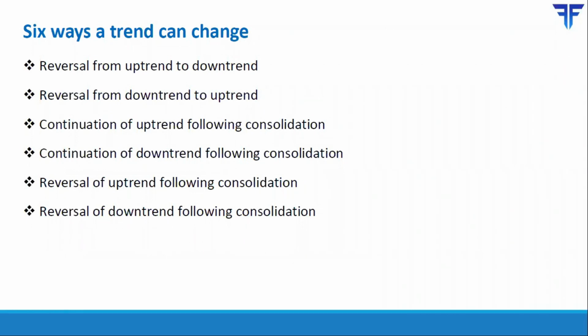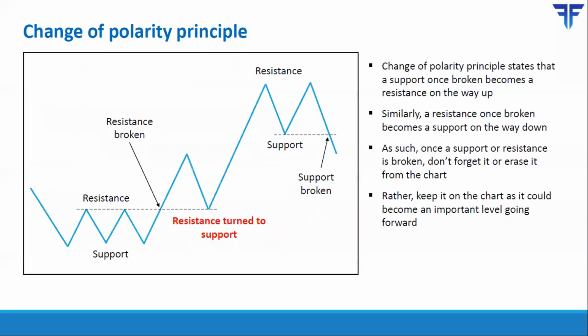The fourth is continuation of downtrend following a consolidation. Fifth is reversal of uptrend following consolidation. And the sixth and last is reversal of downtrend following consolidation. We'll speak in detail about each of these, but before that, let us talk about quite an important principle in technical analysis, which is called the change of polarity principle.